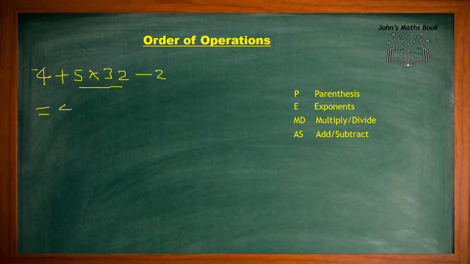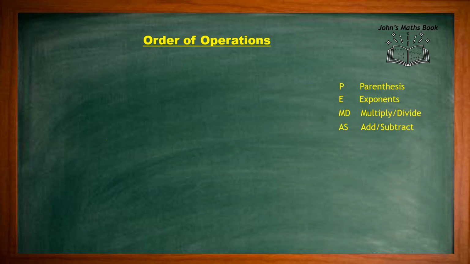So we've got 4 plus, now 5 times 32 is 160, minus 2. So now we can do either the plus or the minus. They have the same precedence, so we work from left to right. So that equals 4 plus 160, which is 164, minus 2, which gives us 162.